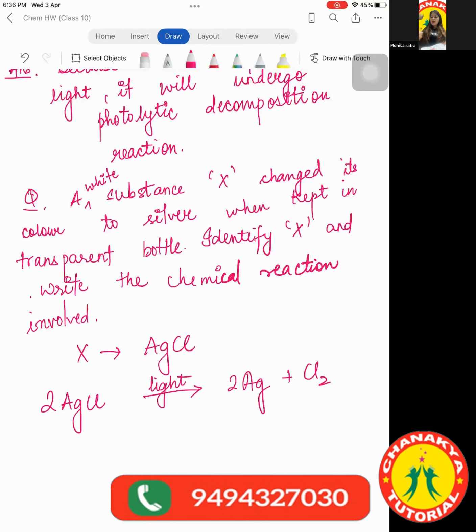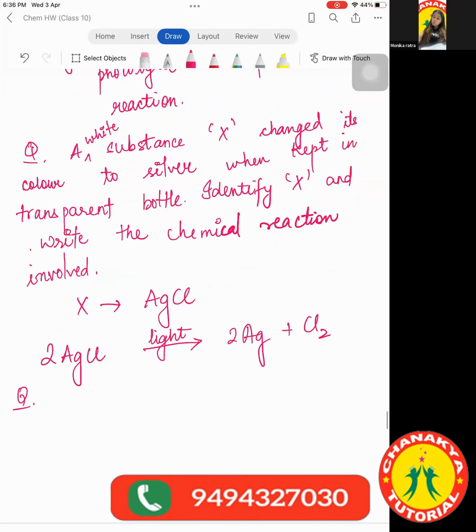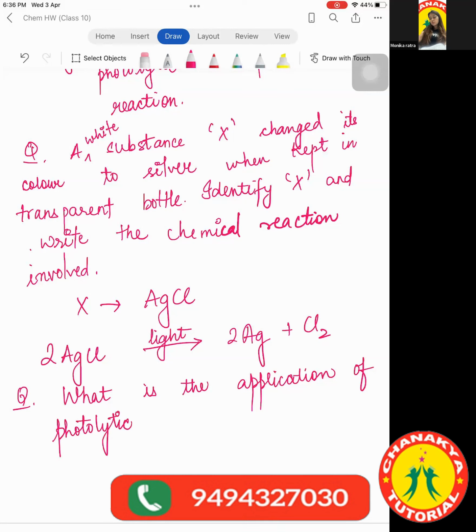Clear? And the last very, very important question is, what is the application of photolytic decomposition reaction? There is one more question which is related to combination and decomposition. I will discuss that also.